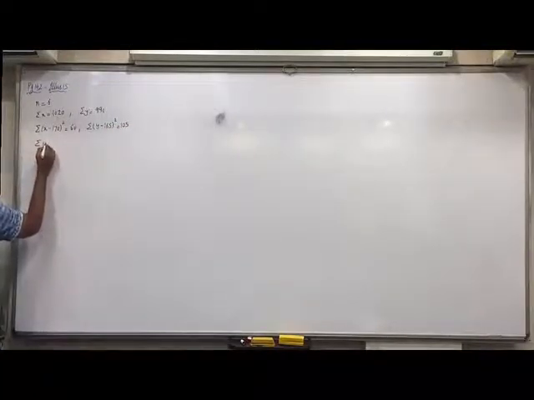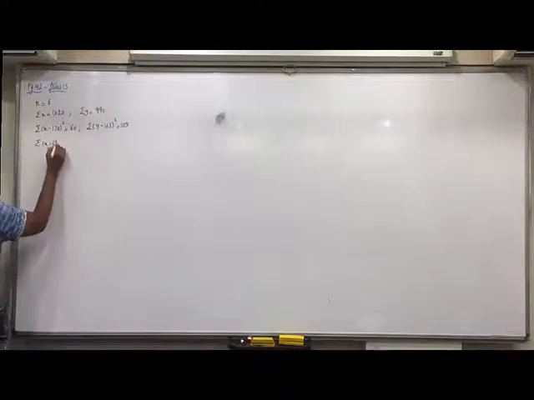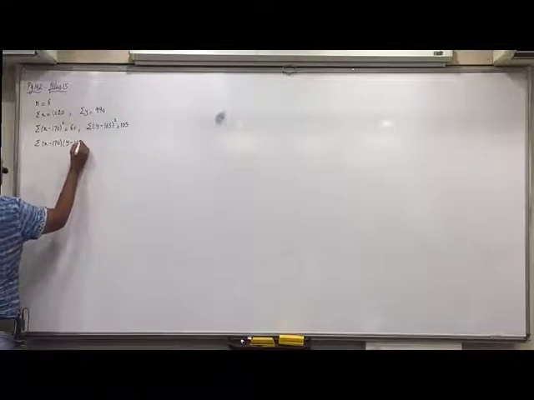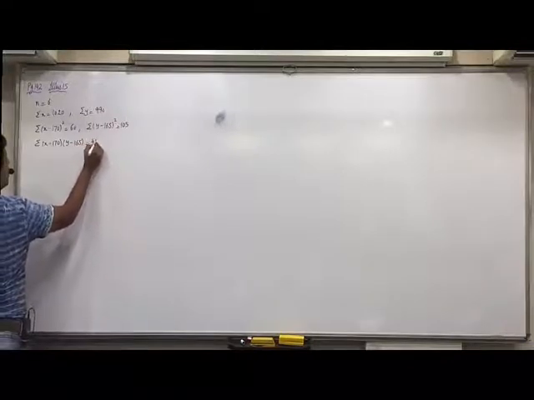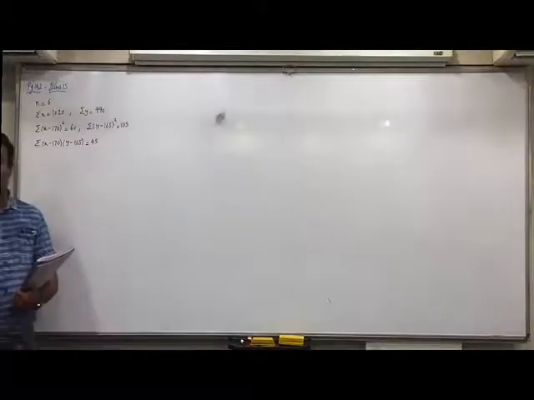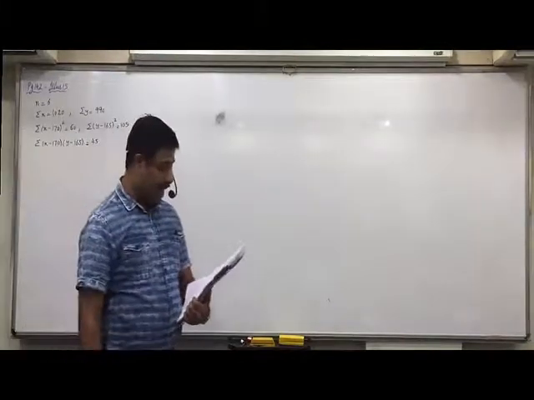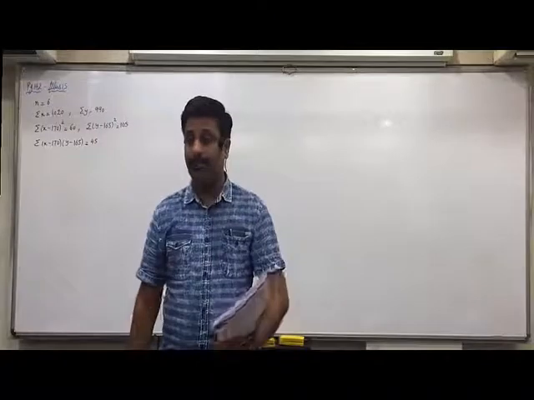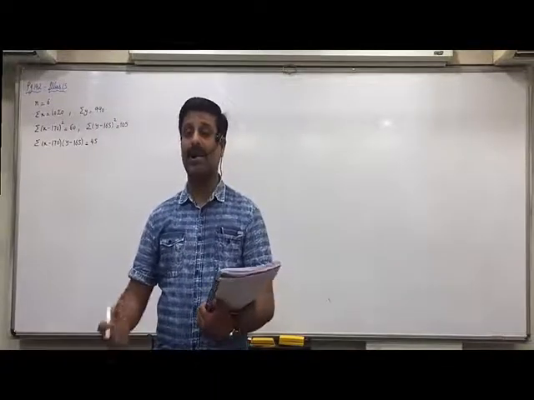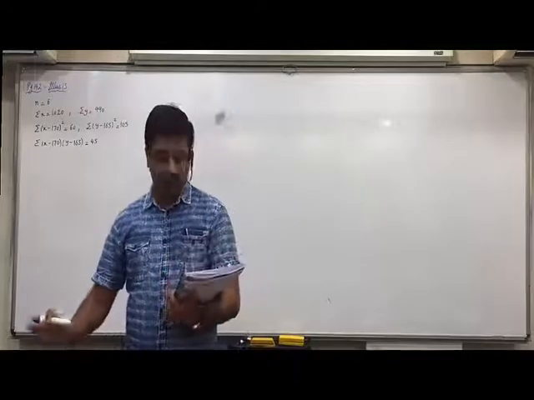Sigma (x minus 170) into (y minus 165) is equal to 45. Now, what is the important point? Obtain the regression line of height of son, y, on height of fathers, x. So clearly we can find the regression line of y on x.